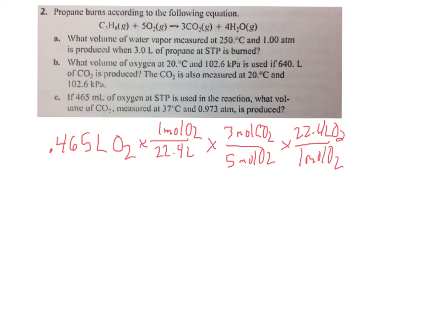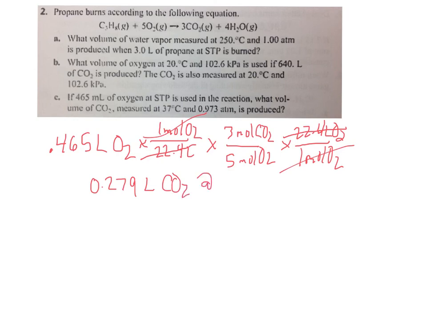So really, you could skip writing this step, knowing that 3 liters of CO2 is equal to 5 liters of O2, because the entire unit and number cancels. But we're going to show you the full math just to help you visualize this. So when you hit enter, you get an answer of 279 liters of CO2 at STP.